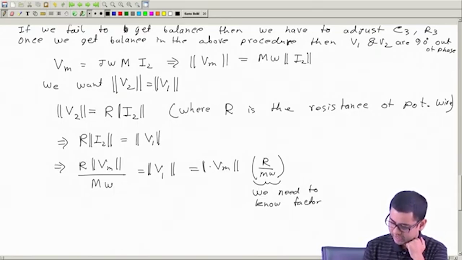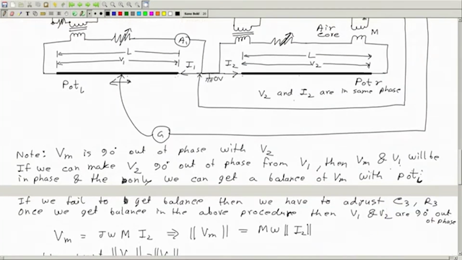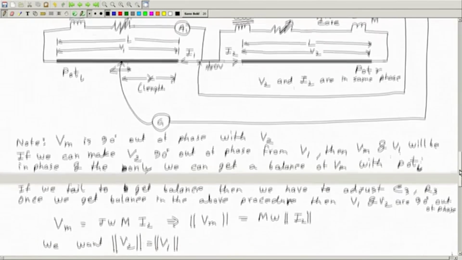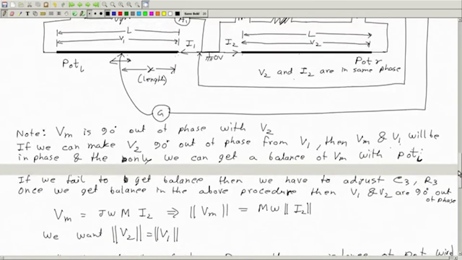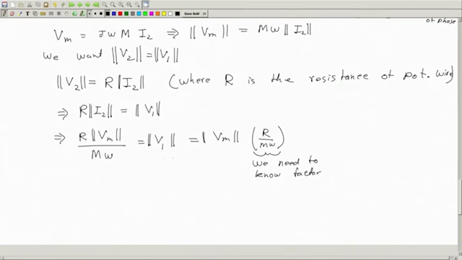we know that for what value of this length, call this x. I might have used L many a times. Call this x, this length. Okay. So what will be the value of this x? Okay.